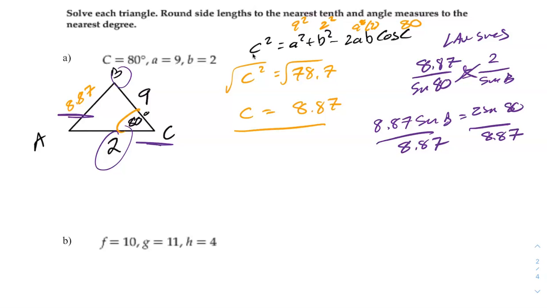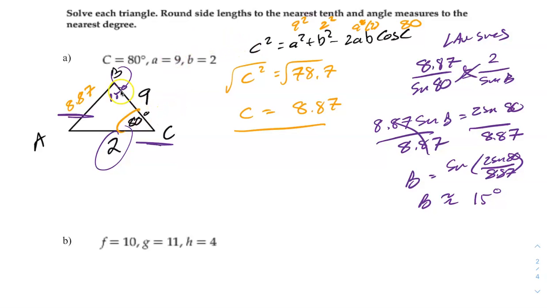And then sine inverse to both sides, and B is going to get you about 15 degrees, roughly.